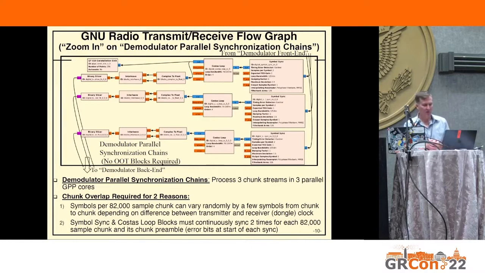So we have some overlap there. Plus, every chunk that goes through, the symbol sync causes loop to have to resync 2 times, one for the preamble and one for the chunk itself. So you lose bits or you get error bits during that sync process. So we need some overlap so we don't lose anything.